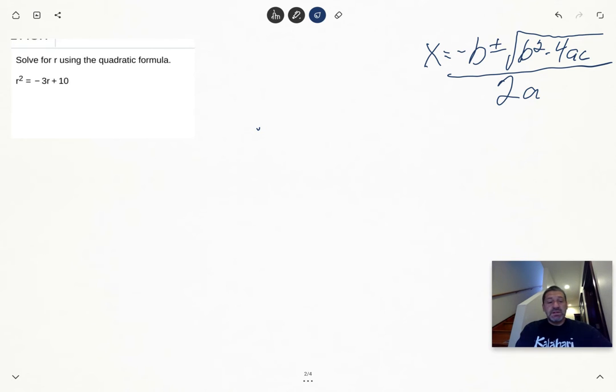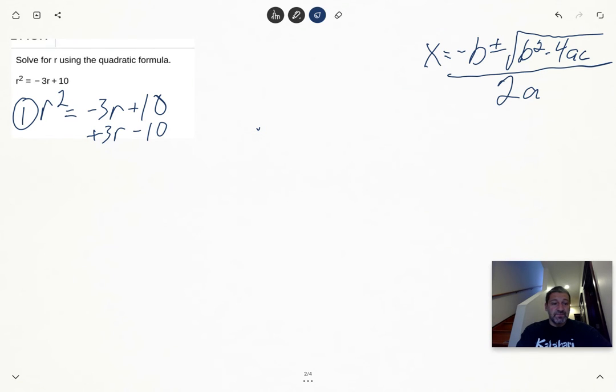Step number 1 here is standard form. So if we're starting off with r squared equals negative 3r plus 10, I want to have the right side of the equation be 0. So I want to get rid of my 3r and my 10 by doing the opposite operation.